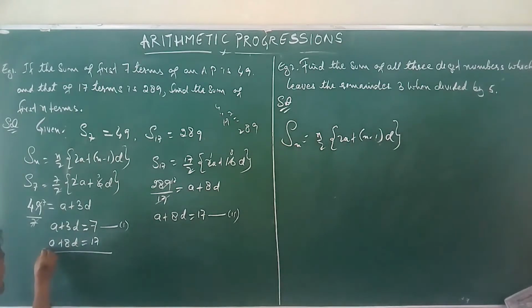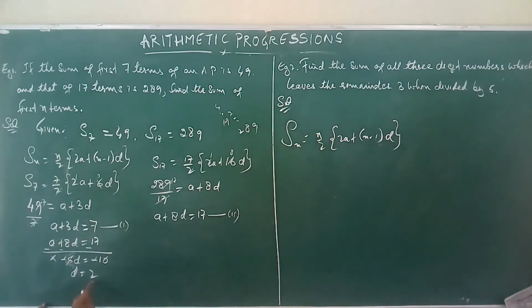Now if you subtract, change the sign here, subtract. Now the a cancels here, and what is left? Negative 5d, since 8d is greater, I mean 8 minus 3, 5d, which is equal to 10. 10 divided by 5, 5 ones are 5, 5 twos are 10. So what we get here? d is equal to 2.